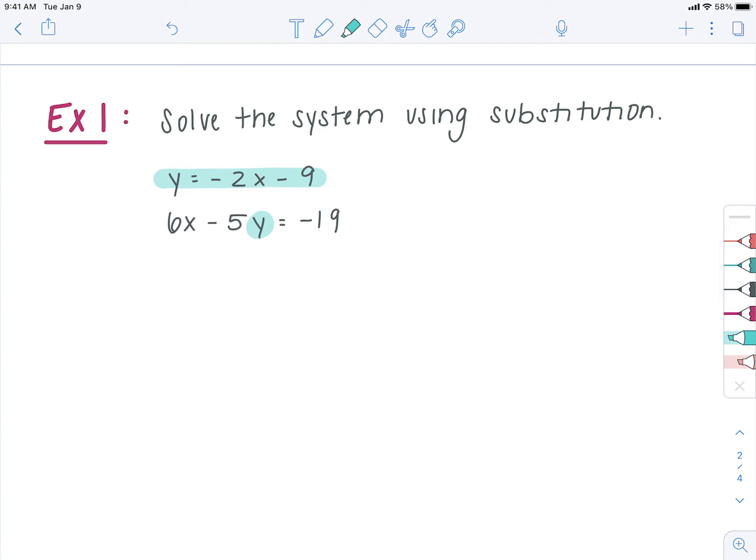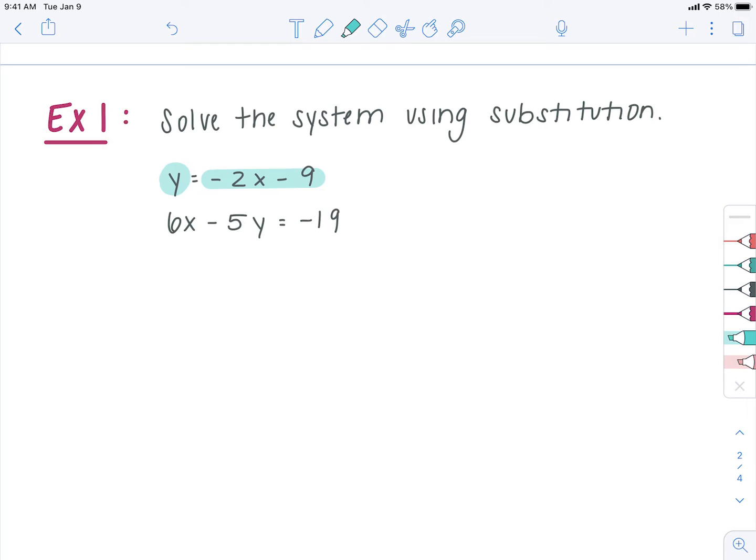Because if I have an equation that has only x's in it, I can solve that equation. This is kind of a weird idea to get used to, but basically, in this situation, y is the same thing as negative 2x minus 9. That's what the equal sign means. It means they're exactly the same. They're equal to each other.